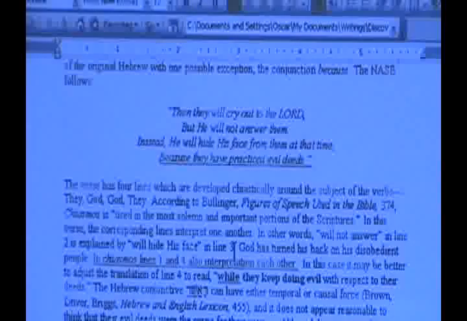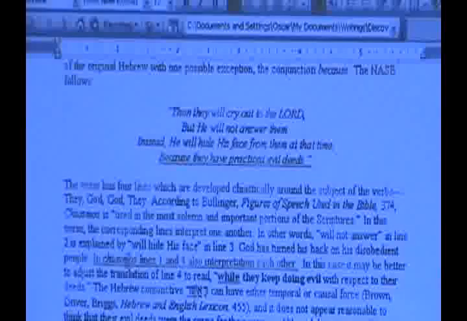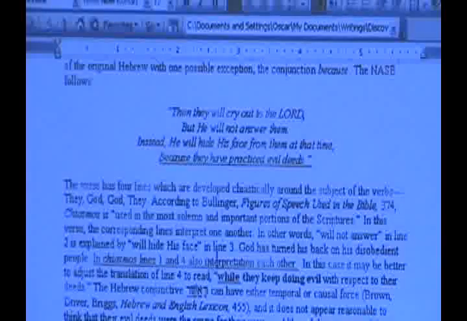By the way, it's used a lot. In this verse, the corresponding lines interpret one another. In other words, "will not answer" in line 1, or line 2, I guess it is, is explained by "will hide his face" in line 3.